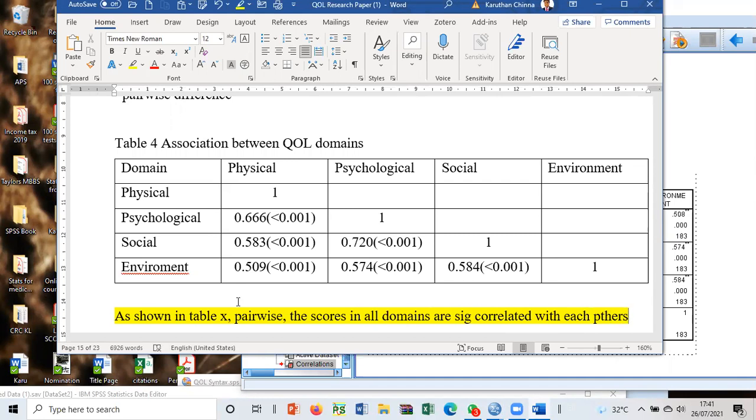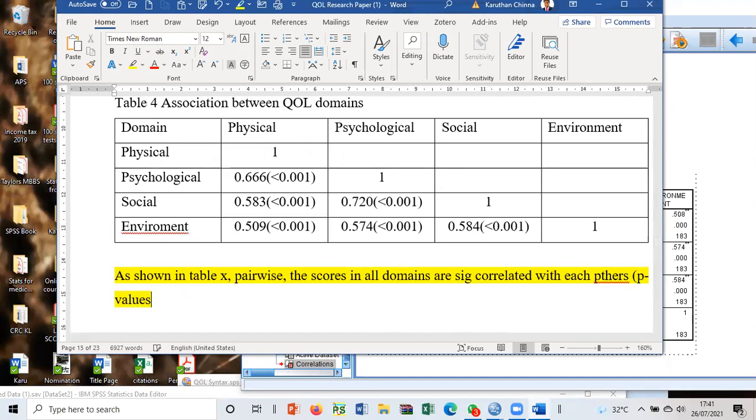For the p-values, less than 0.001. So all the p-values are less than 0.001. So below, in the footnote, you put the values in parentheses, p-values.